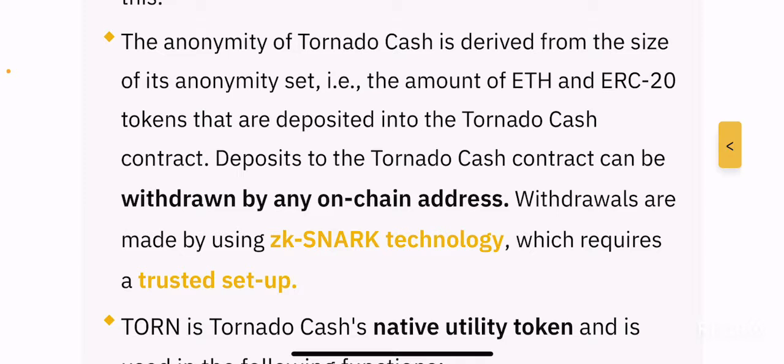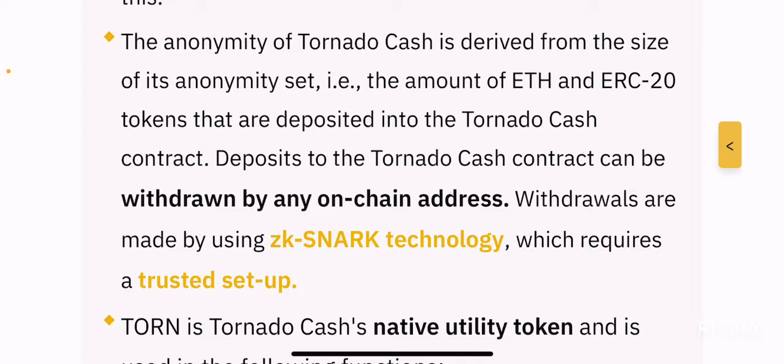So any deposits to the Tornado Cash contract, either via ETH or ERC20 tokens, are basically withdrawable on chain on Ethereum, right? So again, that's pretty much possible, and any withdrawals that are made from Tornado Cash are made using ZK Snark technology, which requires a trusted setup.